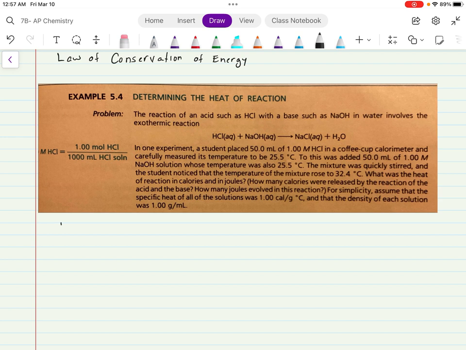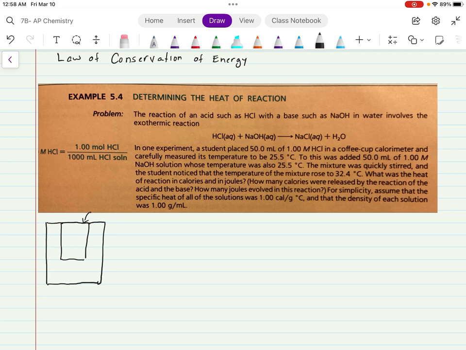You're going to have a coffee cup, usually styrofoam, placed inside of a larger coffee cup, also styrofoam, to create an insulated barrier, okay? So this is the basic premise of a coffee cup calorimeter. Now, what happens is this makes a semi-closed system, okay? And then the reaction happens inside here.